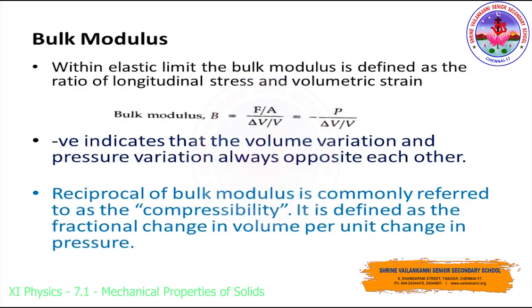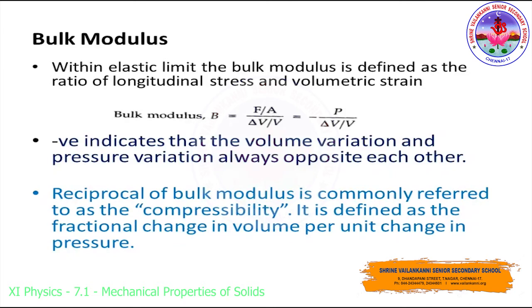What is bulk modulus? Within the elastic limit, it is the ratio of normal stress, or longitudinal stress, to the volumetric strain. So we can say bulk modulus B, or K, is equal to normal stress by volumetric strain.